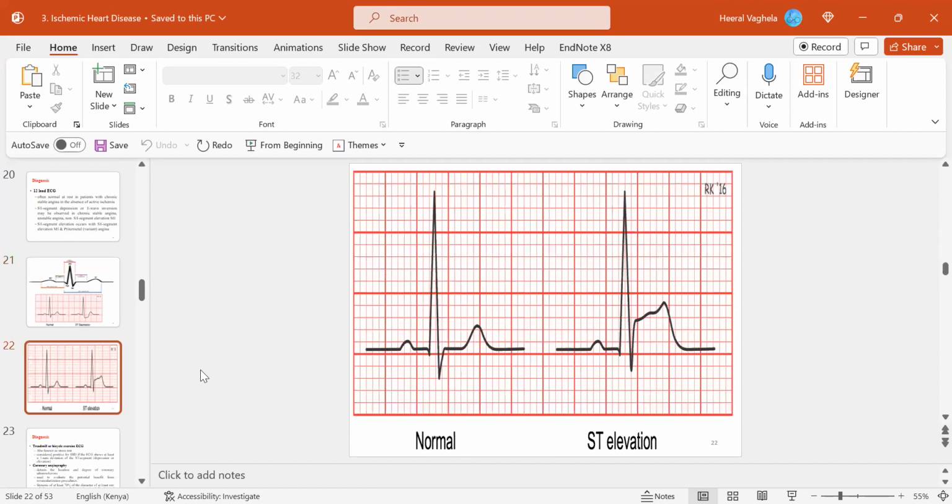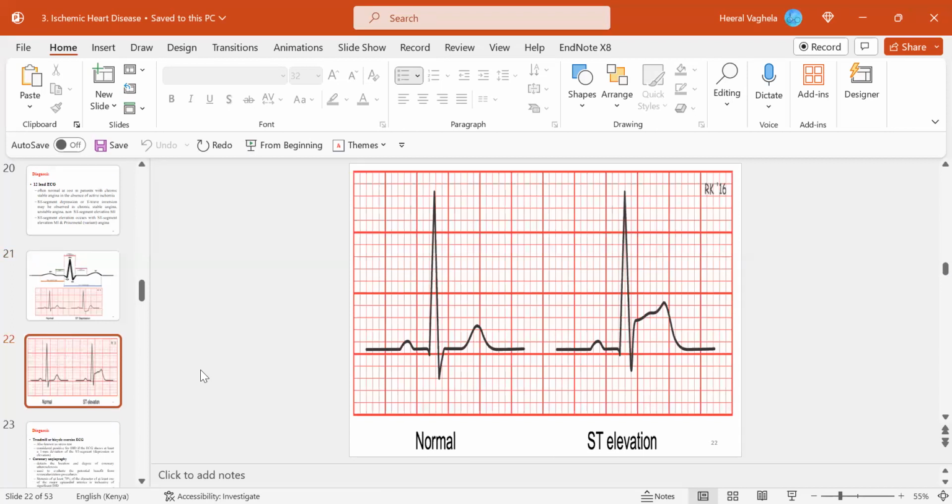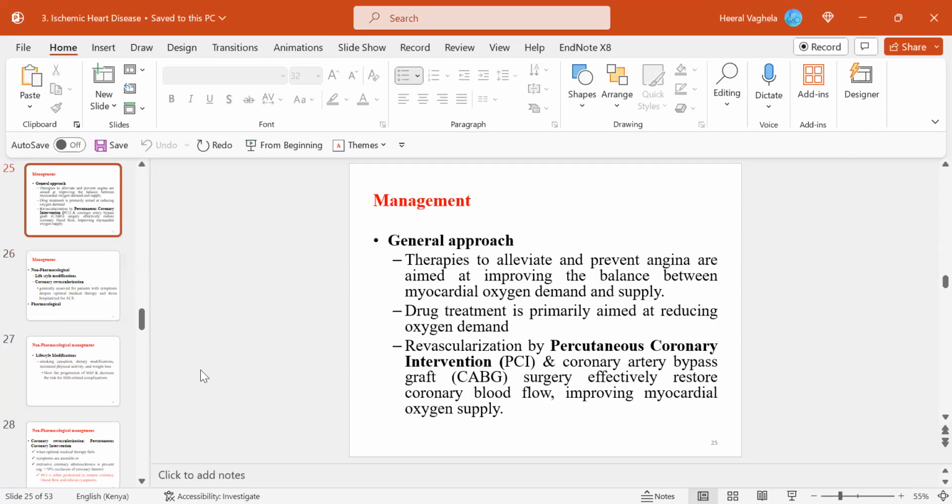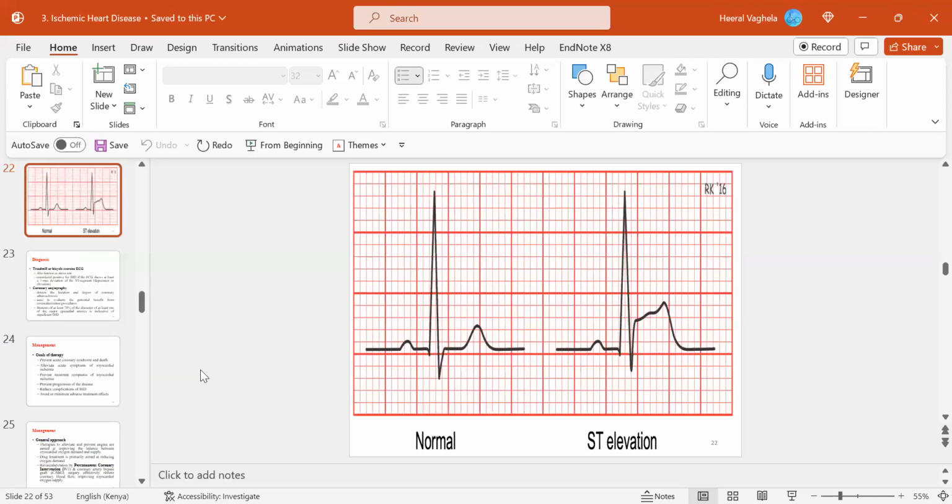The mainstay, I would say, is coronary angiography, where you see where the atherosclerotic plaque is. So therapy: since we know the cause of heart disease, what do you think the treatment would be?